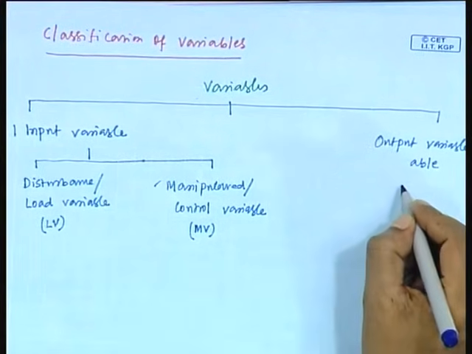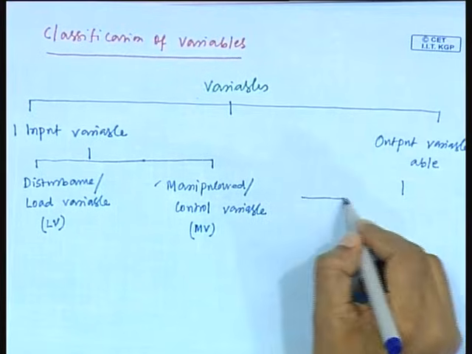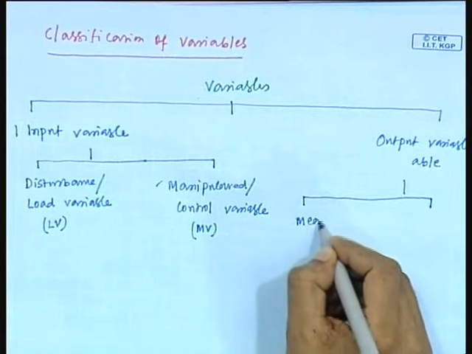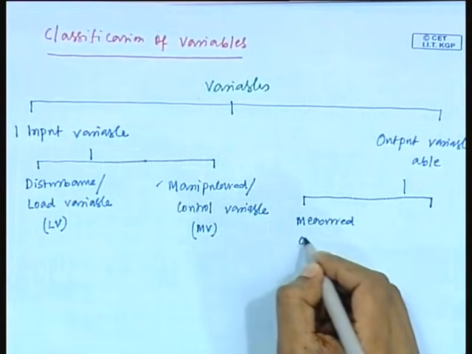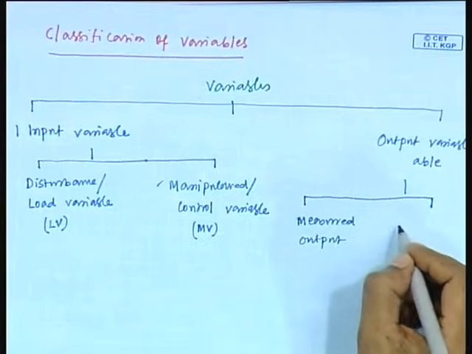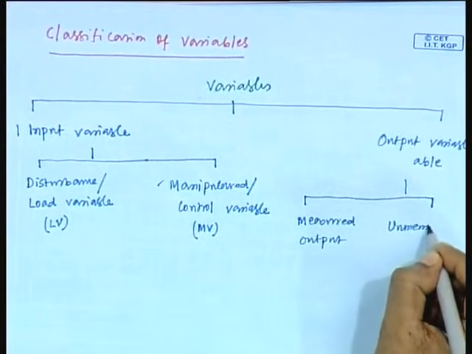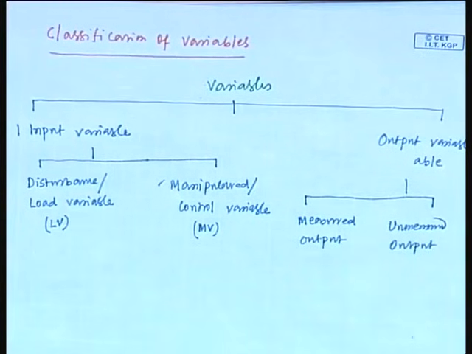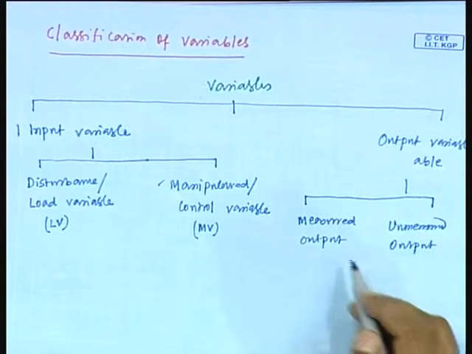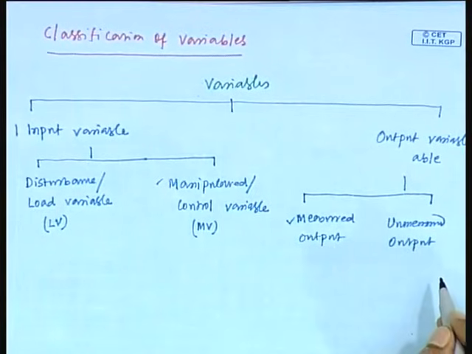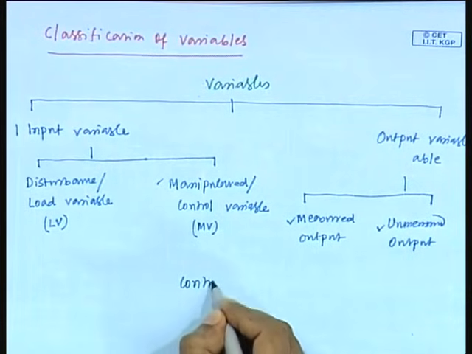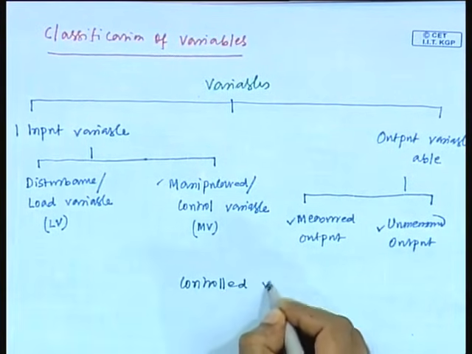Similarly, the output variable is again of two types: one is measured output and the second is unmeasured output. Another variable is also used, that is the controlled variable.